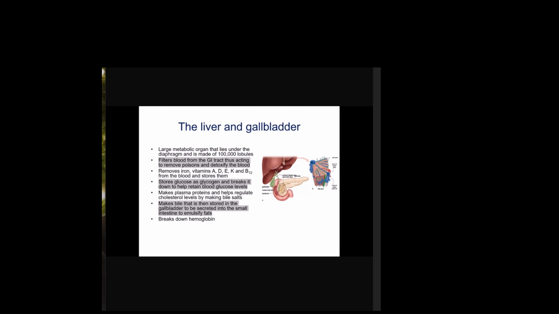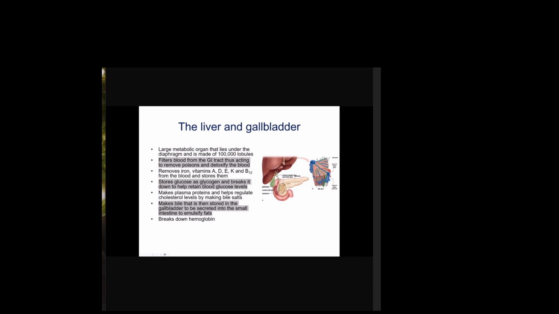I said the liver is made of many lobules, and it lies right underneath the diaphragm. It filters blood from the gastrointestinal tract, removing poisons and detoxifying, or it removes iron, vitamins A, D, E, and K, these are fat-soluble vitamins, and also vitamin B12 from the blood and stores them. I said it's a storage site for glycogen.